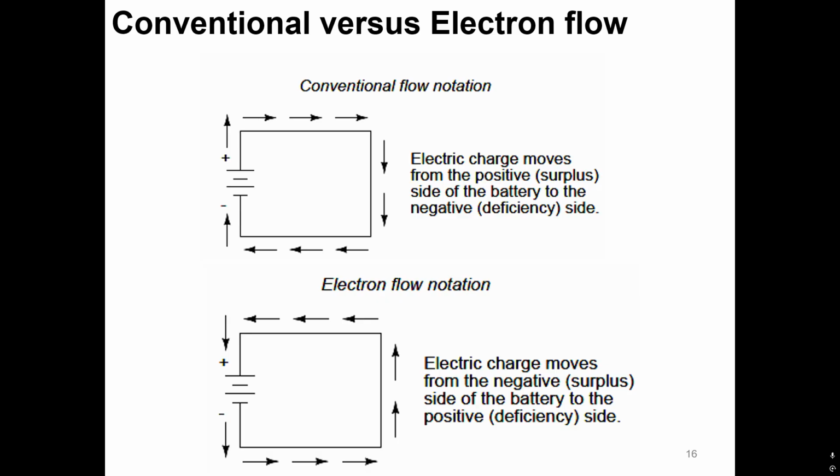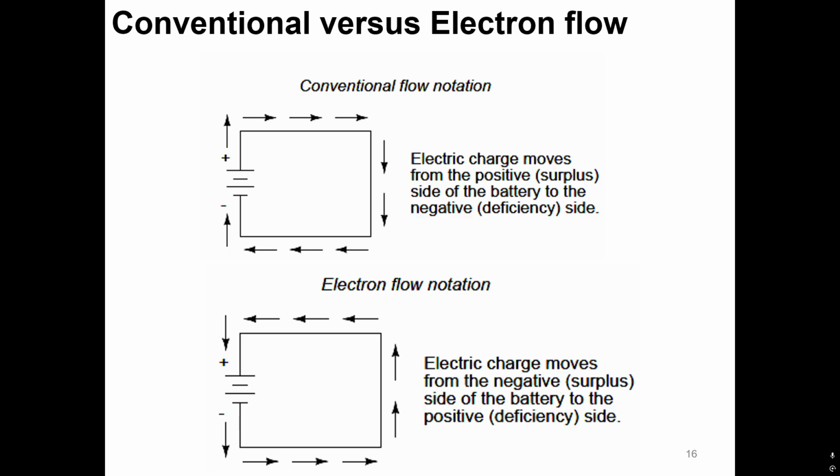And since it has already been established, whether it is moving from positive to negative or negative to positive, it is the flow in one specific direction. So the answers may not change, right? So we just adopt the conventional flow.